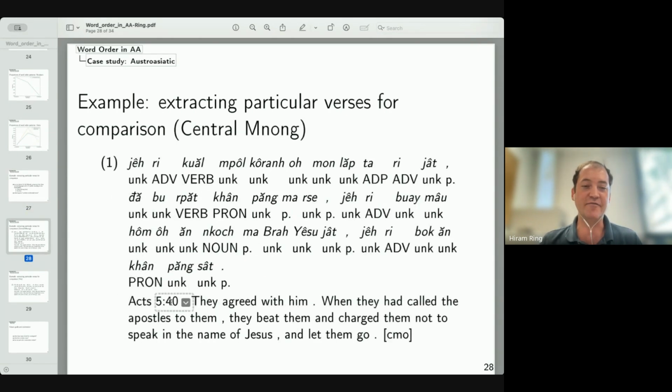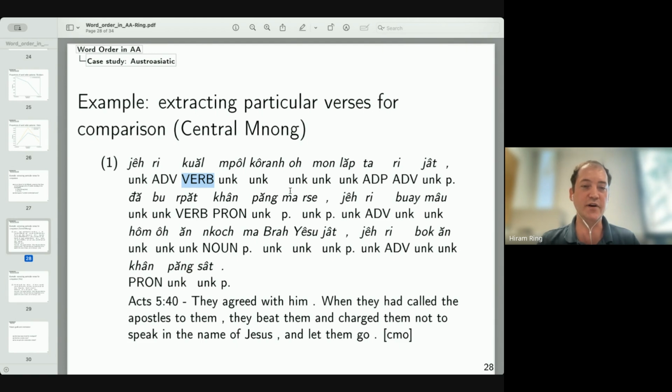So here you have Acts 5 verse 40 taken from this parallel Bible corpus, and you can see that our automated tool has been able to identify adverbs and verbs, but it's not clear to me how accurate these identifications are.